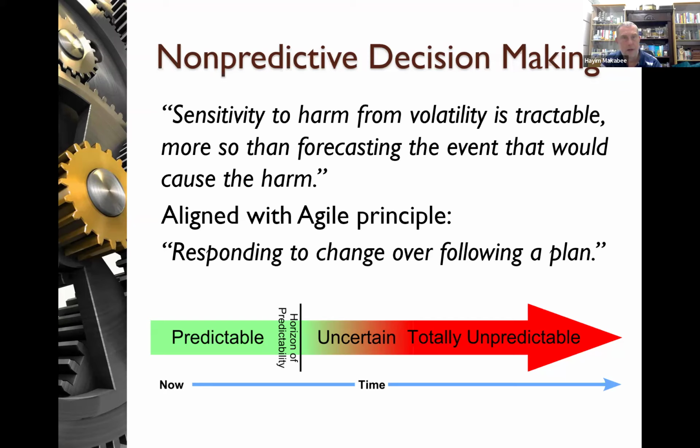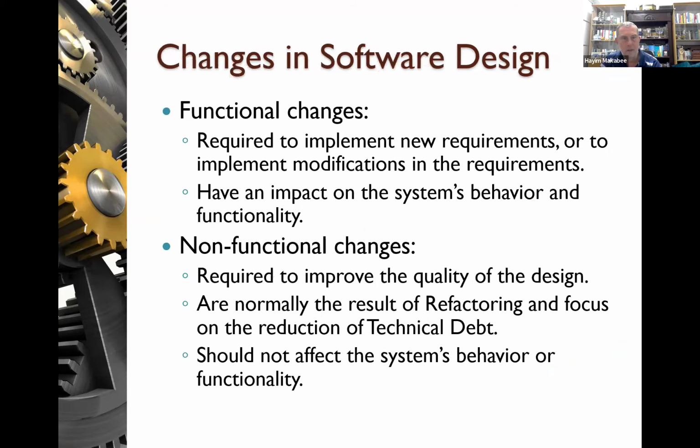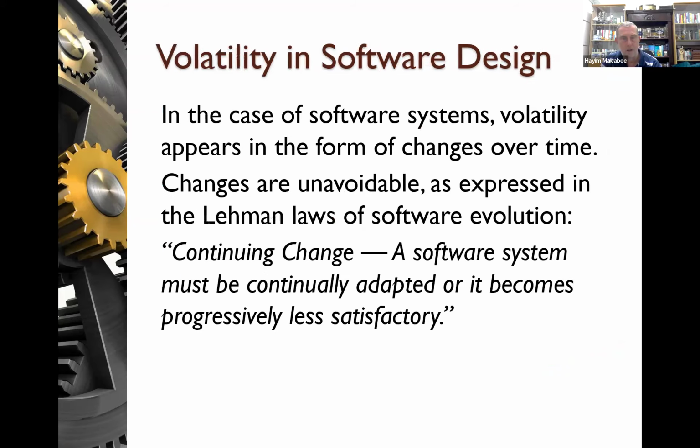Okay. So in part one, we saw that volatility in software design is what we already know from the Lehman laws of software evolution: if there is a software system, we need to continuously adapt it, because if we don't adapt the software system, it will become less useful.